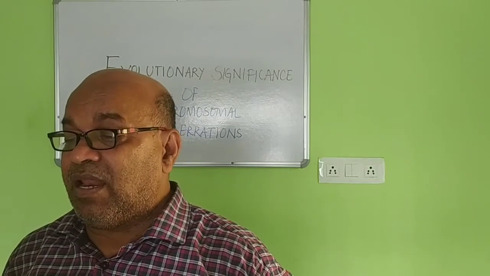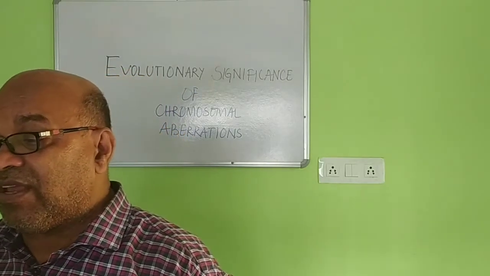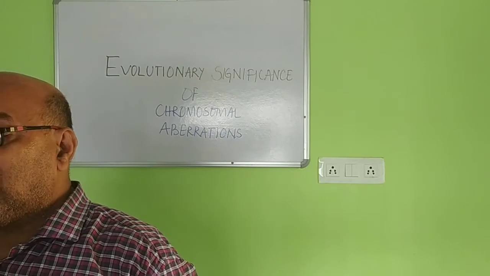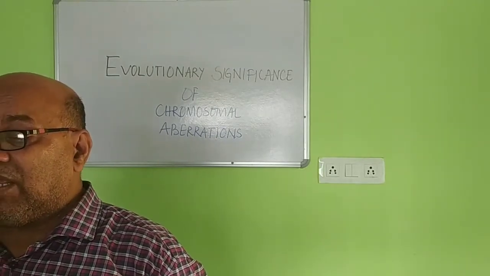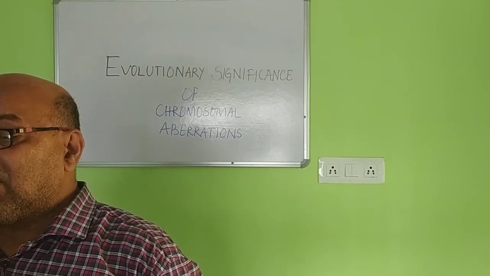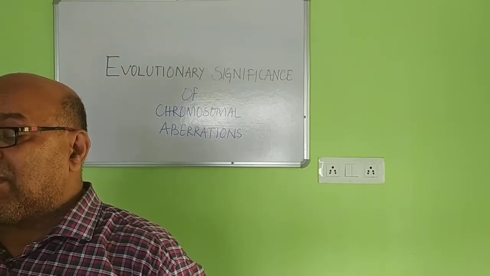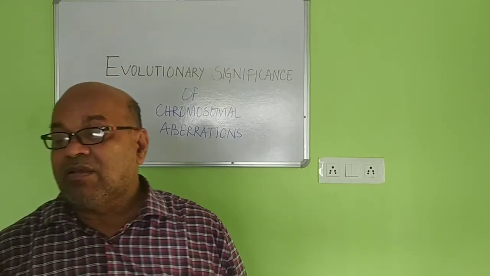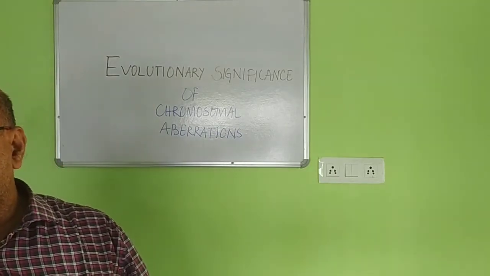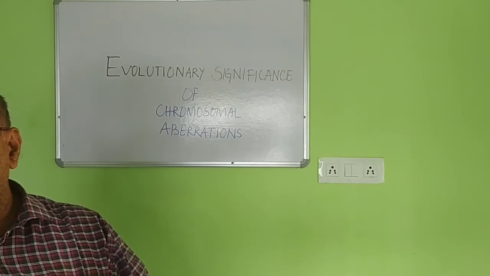Okay, and similarly in the figure, I will show you now how human chromosome number 3 has evolved by translocation and inversion in 6 steps. First of all, you take the chromosomes to explain step 1.